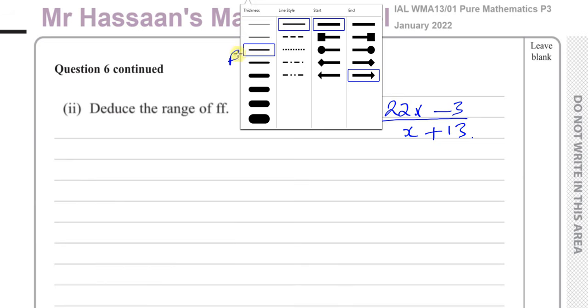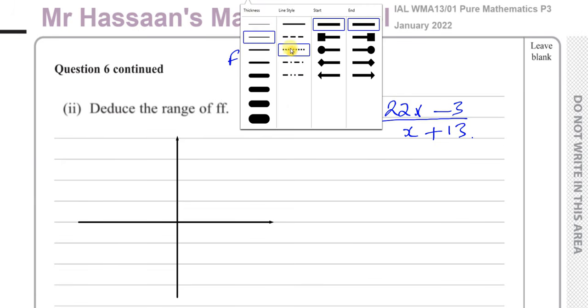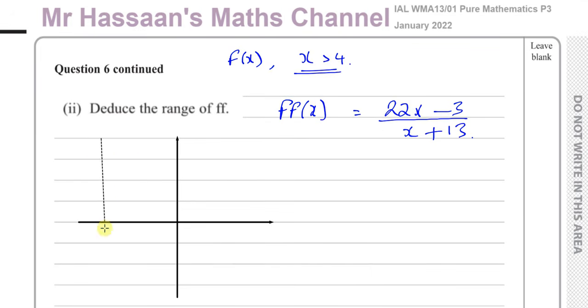So what I'm going to do is I'm going to make a little sketch of this function. Now, this function will have an asymptote at x equals negative 13, which doesn't really affect us. Let me make this a bit smaller scale so that I can fit things on here.